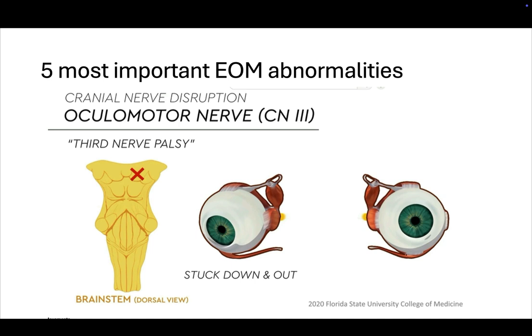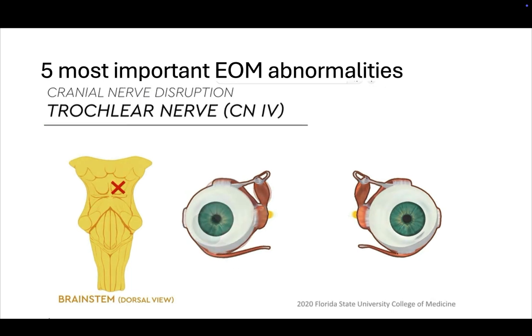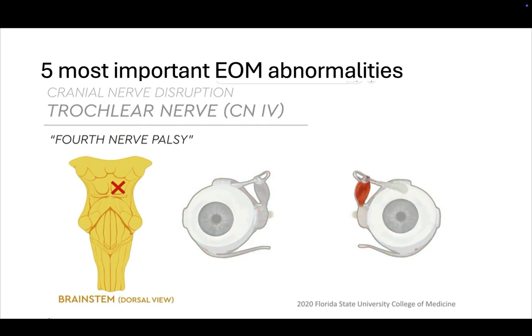Because lateral rectus and superior oblique are the only remaining functional muscles, the eye is unable to move from this position. Trochlear nerve function, or fourth nerve palsy, results in paralysis of the contralateral superior oblique muscle. The trochlear nerve is the only motor cranial nerve that decussates, or crosses to the other side.